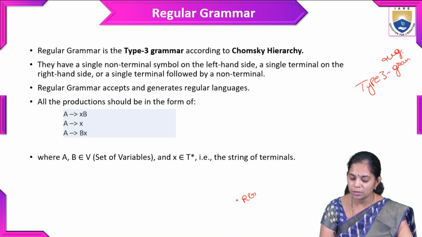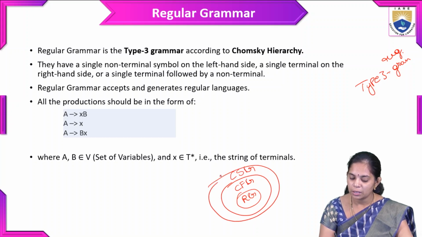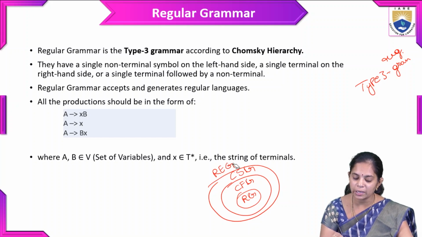We have regular grammar, next context free grammar, context sensitive grammar, and recursively enumerable grammar, or unrestricted grammar.